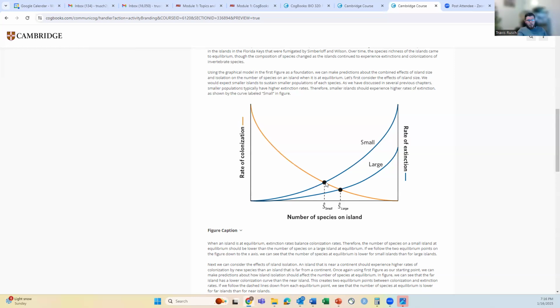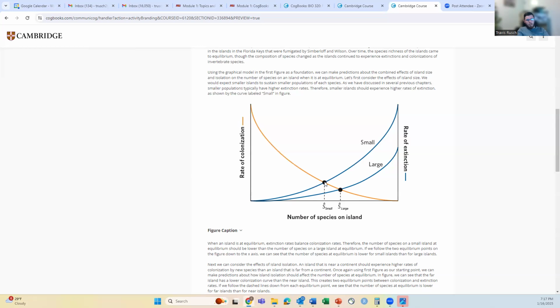Yeah, so it's kind of both. It does mean that colonization and extinction rates are equal, and when they're equal, you'll find stability. So the colonization rates and the extinction rates can change, right? If a storm comes in or a disease comes in or a fire happens, you're going to get a higher rate of extinction, right? It's going to move on the extinction axis. But they kind of sway back and forth a little bit.